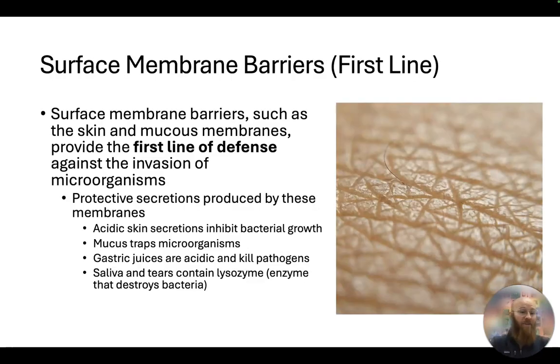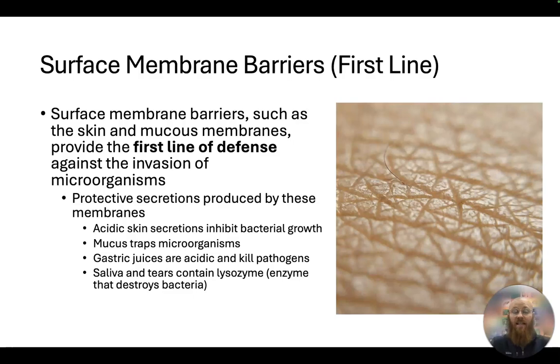All right, so we're going to break down a little bit more of the detail for some of these elements. We have your first line of defense, which is all of those surface membrane barriers, right? So the skin and the mucous membranes that help basically just ward off any sort of penetration from these foreign invasions or these microorganisms. You have these protective secretions that basically you have acidic skin that inhibits bacterial growth.